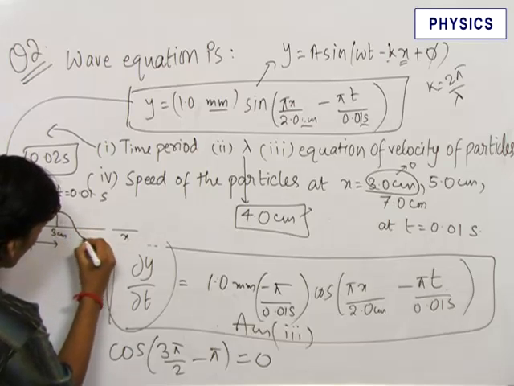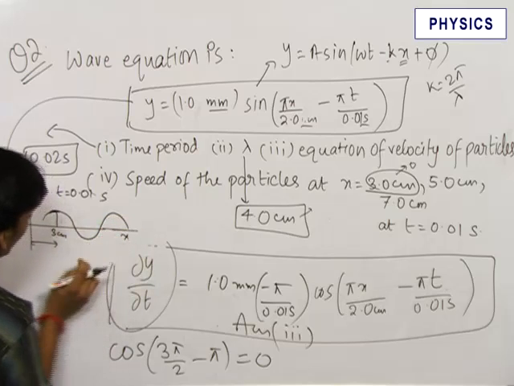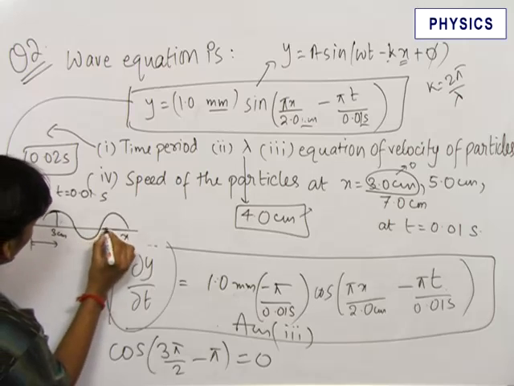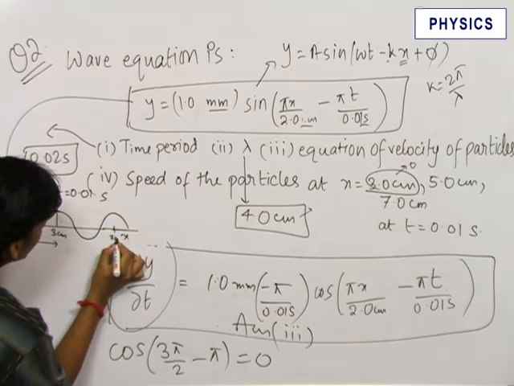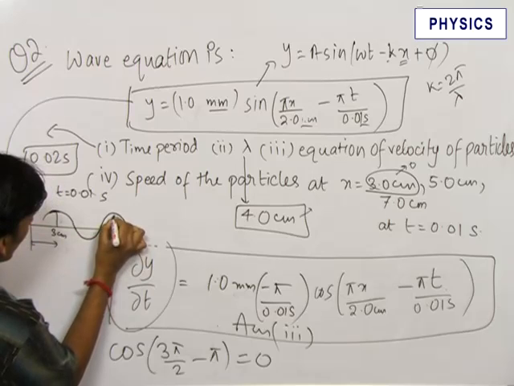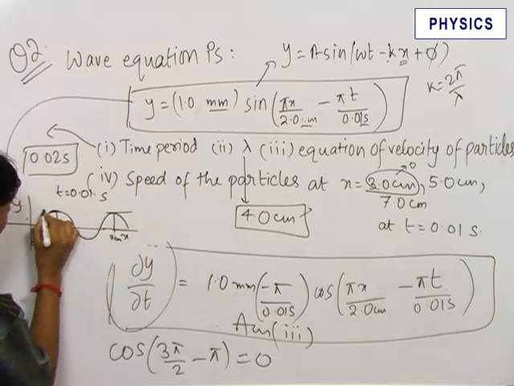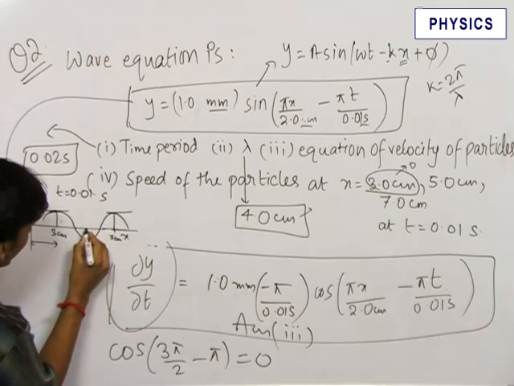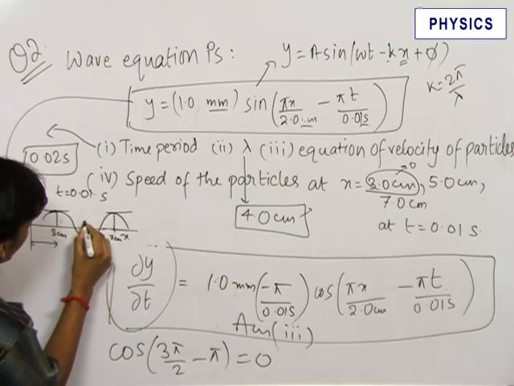Now the value of lambda is equal to 4 centimeters. Therefore this will be equal to 7 centimeters. This point, which is again at its highest point and has 0 velocity, the point at this will be the 5 centimeters point.